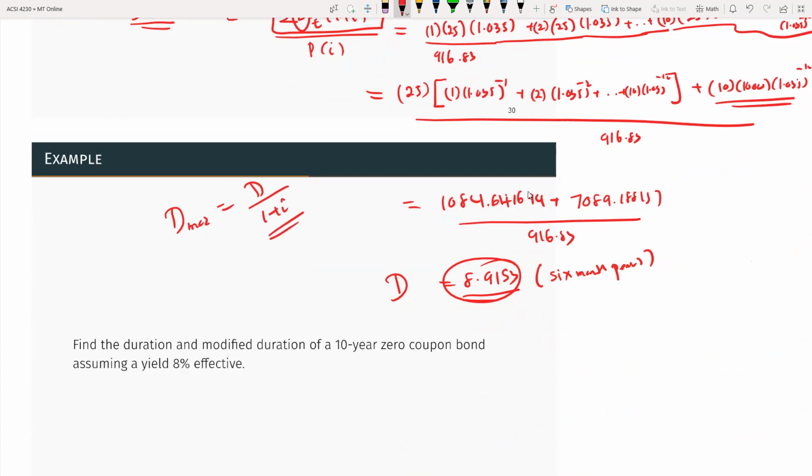So now you can divide this one by 1.035, which is 8.6138. That's the modified duration. That's how much the price would change for a small change in the yield.